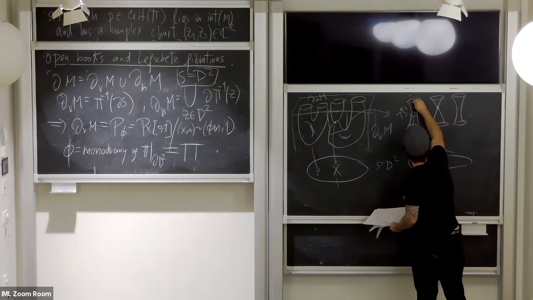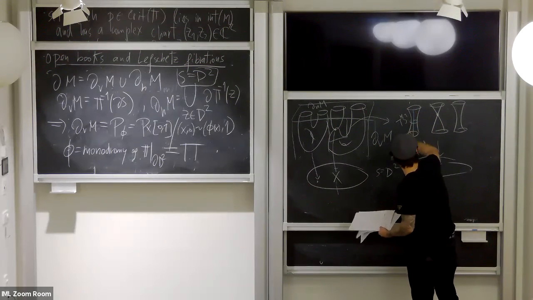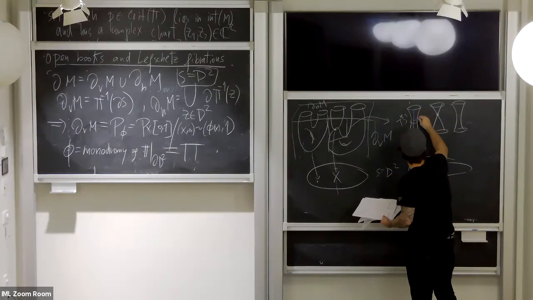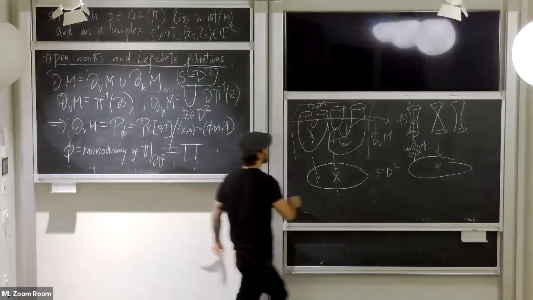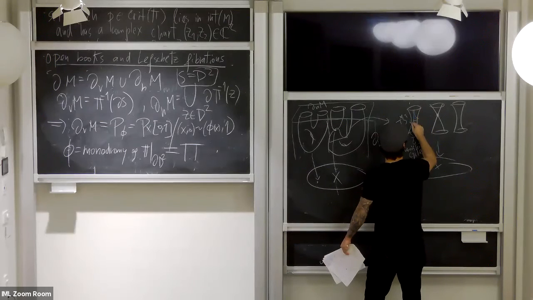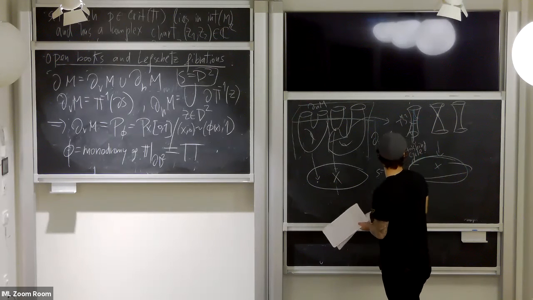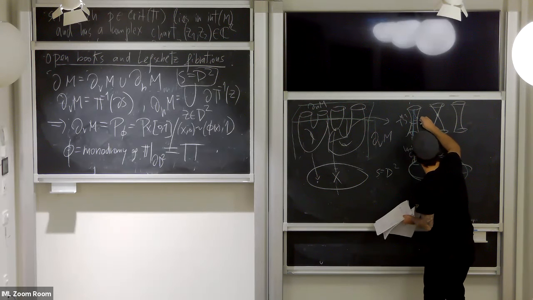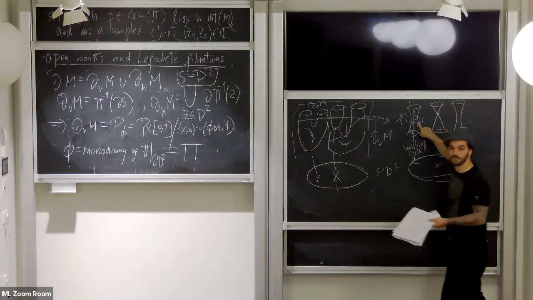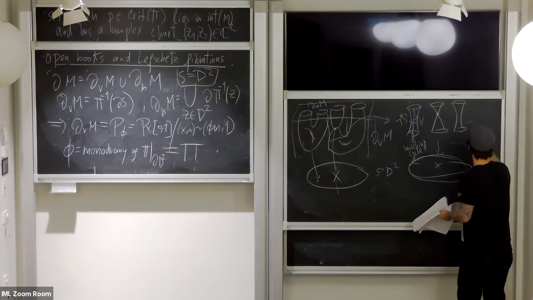If I go once around, I come back with a Dehn twist. So if this is the vanishing cycle V, which is the zero section, the monodromy phi in this picture is just T_V, which is the Dehn twist along V.